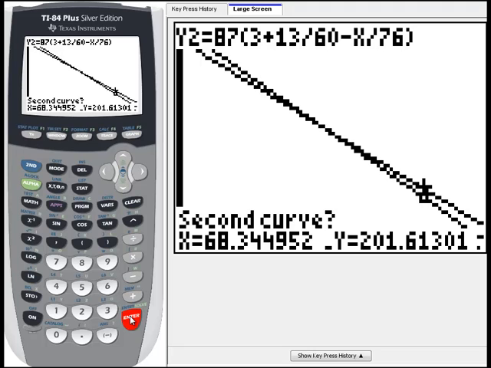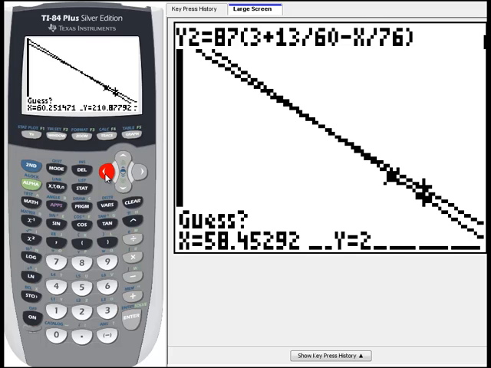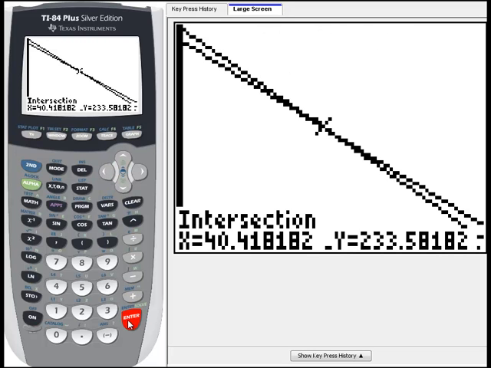And now I see the calculator cursor jumping over to the other curve clearly, so I feel a little more comfortable saying yes, this is the second curve by saying enter. And now I'll just go back to make a good guess at the intersection. That was around here. Enter. Okay, we've got this information here.